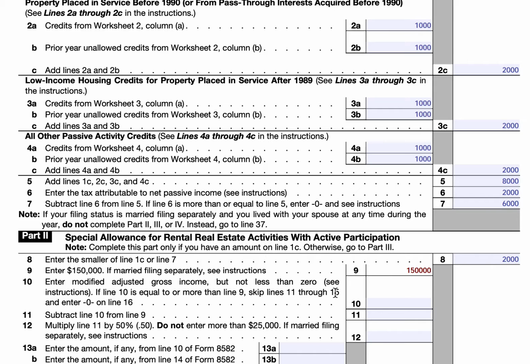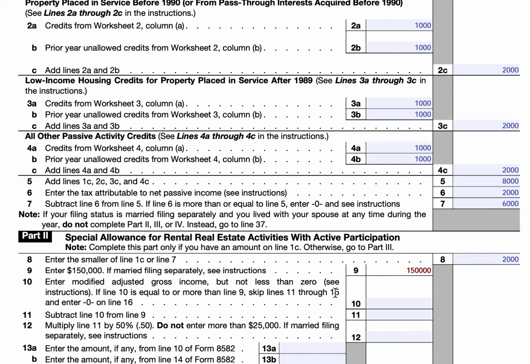For example, the modified adjusted gross income as it pertains to Form 8582 is going to be different from the modified adjusted gross income that you would use for Roth IRA contributions, which would be different from the modified adjusted gross income that the Social Security Administration uses to make IRMAA determinations, which is basically a surcharge on Medicare premiums. So be careful when you hear the term modified adjusted gross income, and if you think you know what that definition is, unless you've actually read the instructions, you probably do not.